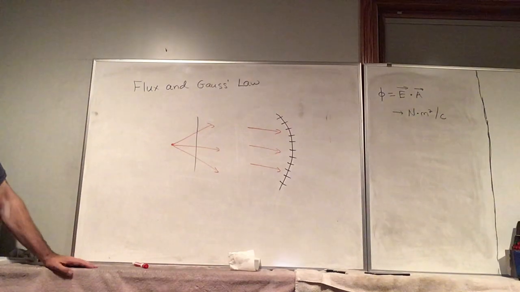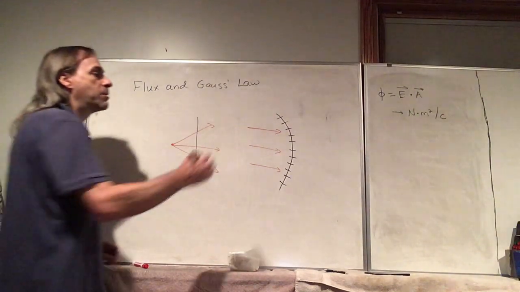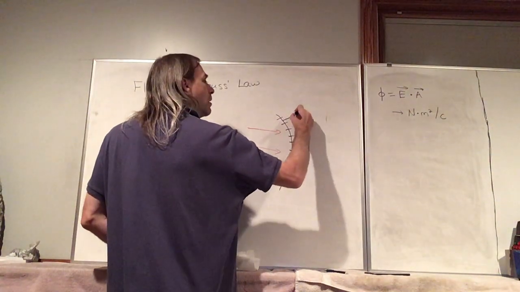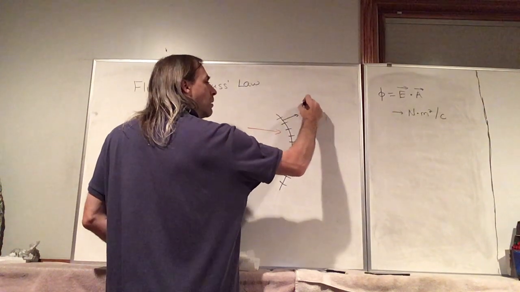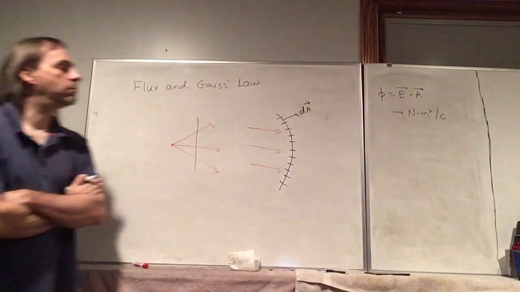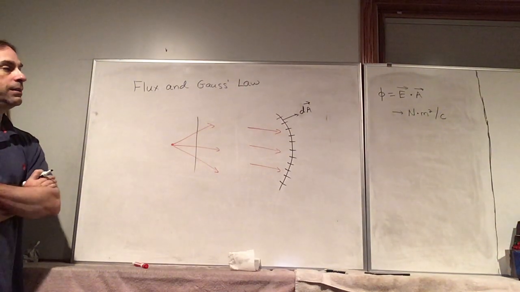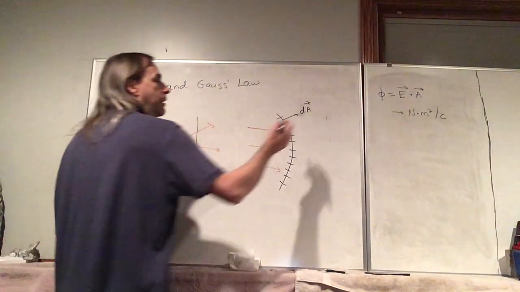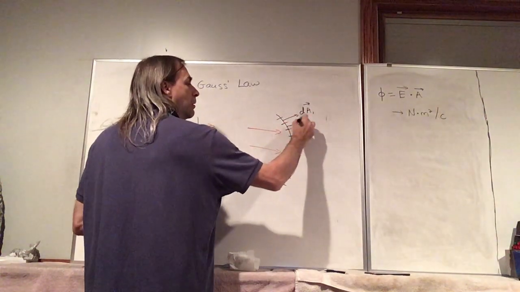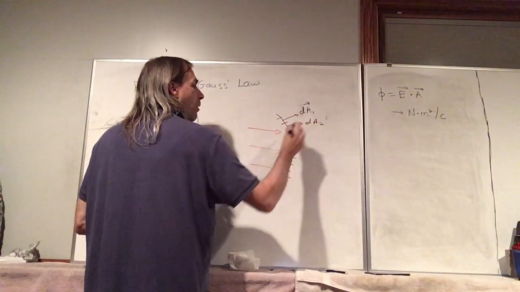And so again, whatever your surface is, if you break it up into small enough pieces, we can treat each piece as flat and then define a vector. Like here we have, say, dA1. Here's dA2, and so on.